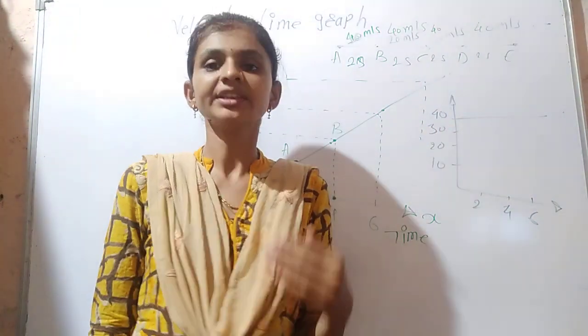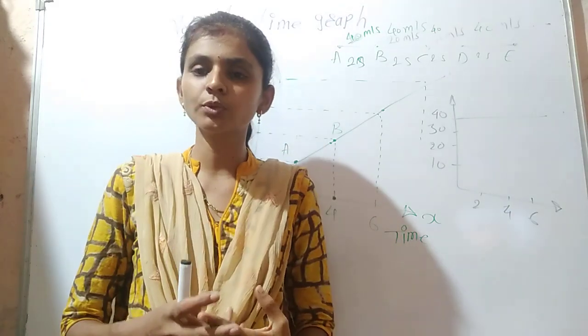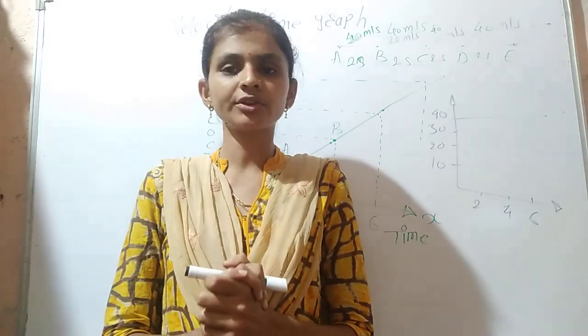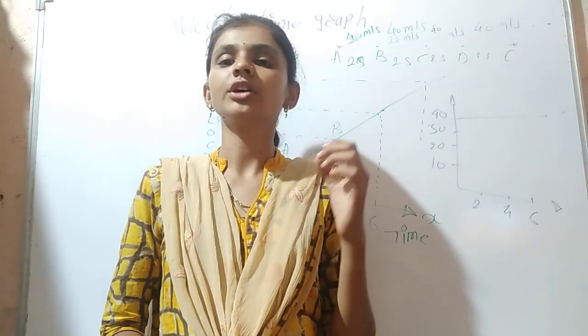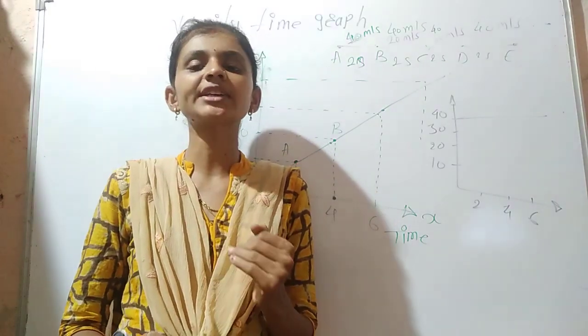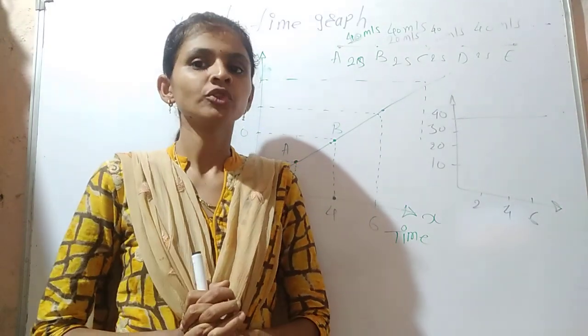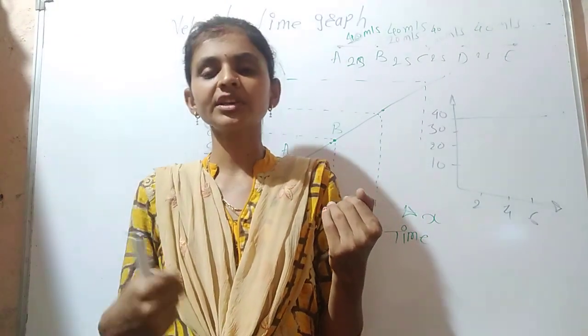So the time intervals and the velocity intervals are both equal, but velocity is increasing and not constant. That is known as accelerated uniform velocity. By using that we can first calculate acceleration, because accelerated velocity means that we are getting the acceleration.